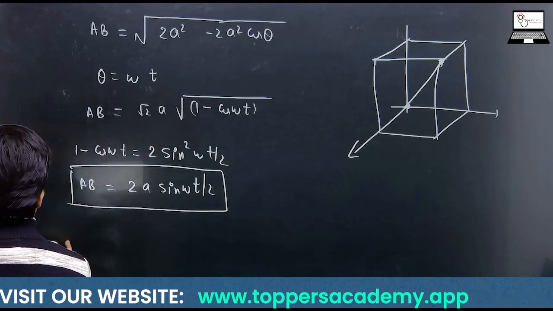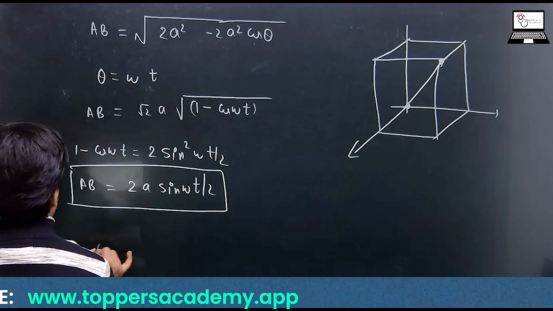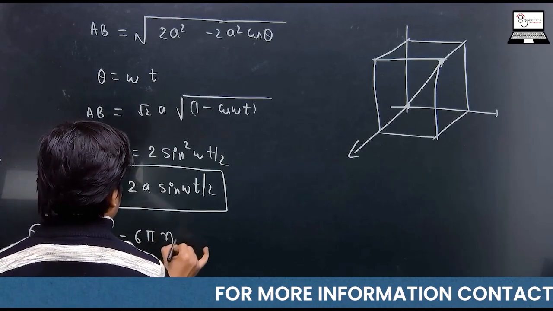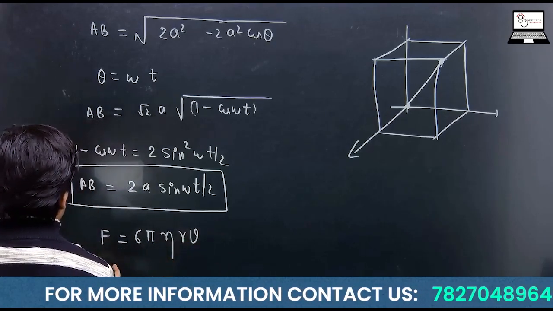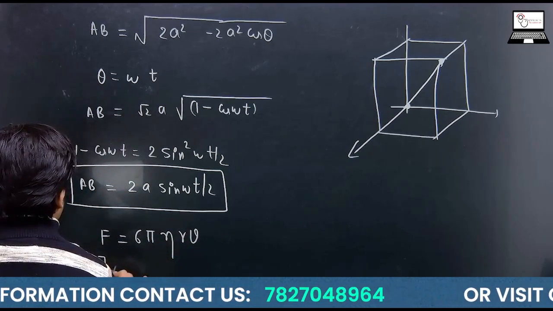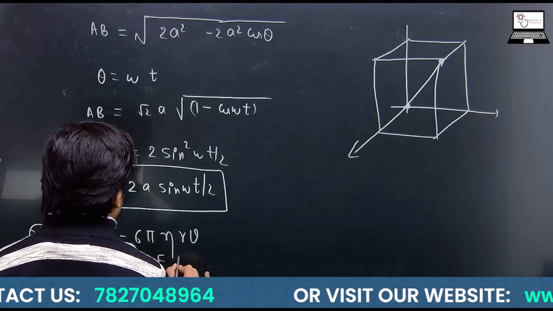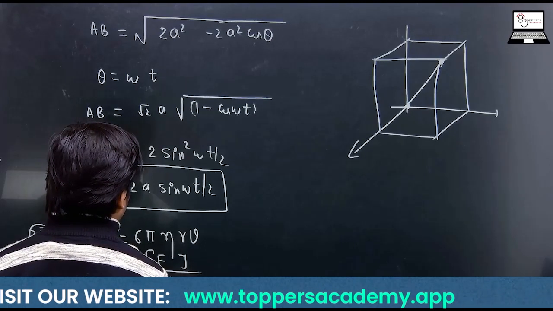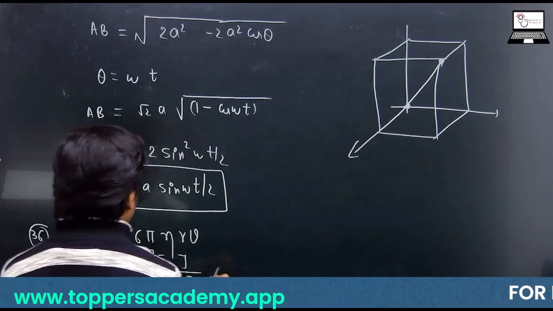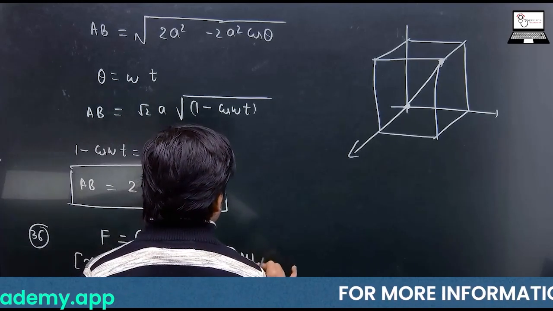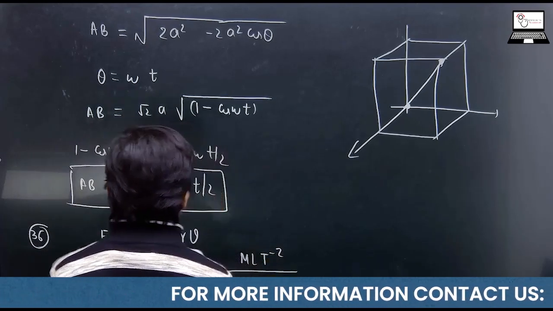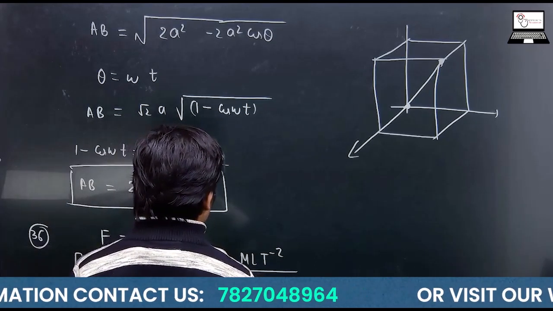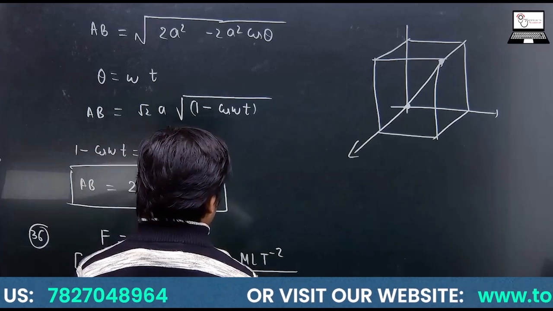For question number 36, we can write that F is equal to 6 pi eta RV. Now the dimensional formula for eta is equal to the dimensional formula for F divided by the dimensional formula for 6 pi RV. The dimensional formula for F is MLT minus 2. 6 pi is a constant. The dimensional formula for R is L, and for V is LT minus 1.